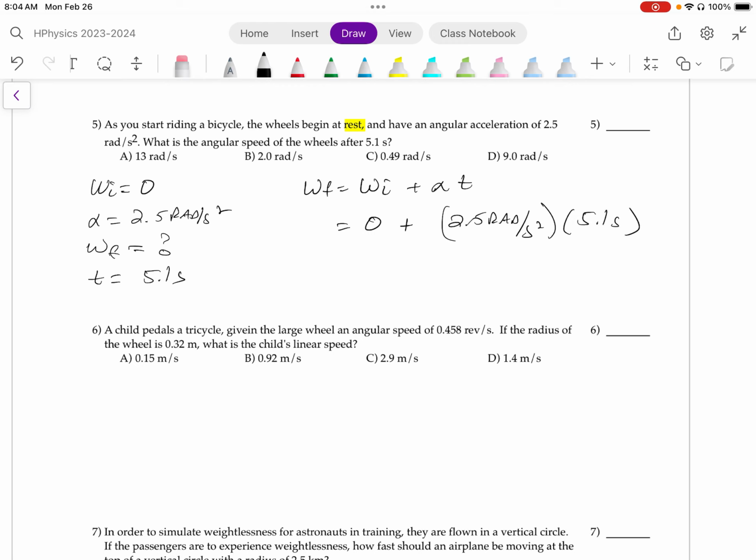Notice that one of my seconds cancels. I get a radian per second as a unit for my answer. And if you plug that into your calculator, you'll get 12.75 radians per second. And that will be rounded to 2 sig figs, is 13 radians per second.